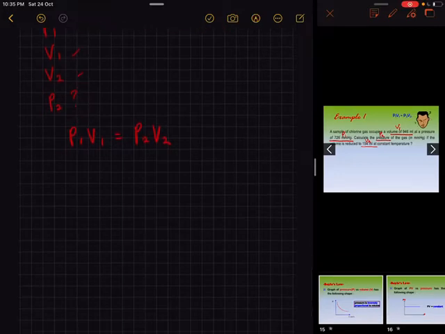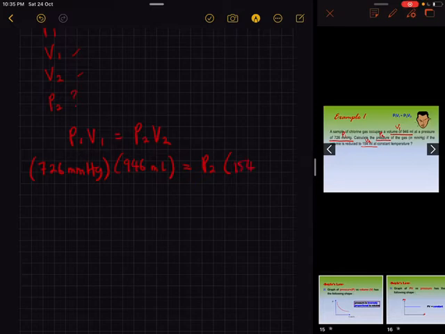Okay, so P1 we have 726 mmHg times the V1 946 ml, equals to P2, the one yang you nak cari, dan V2 is 154 ml.